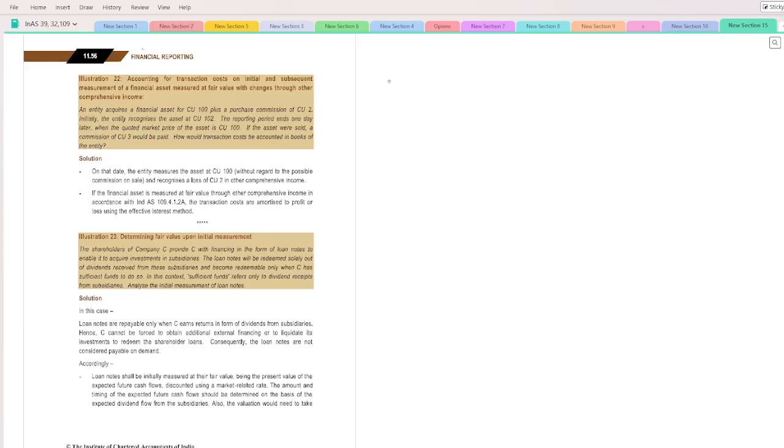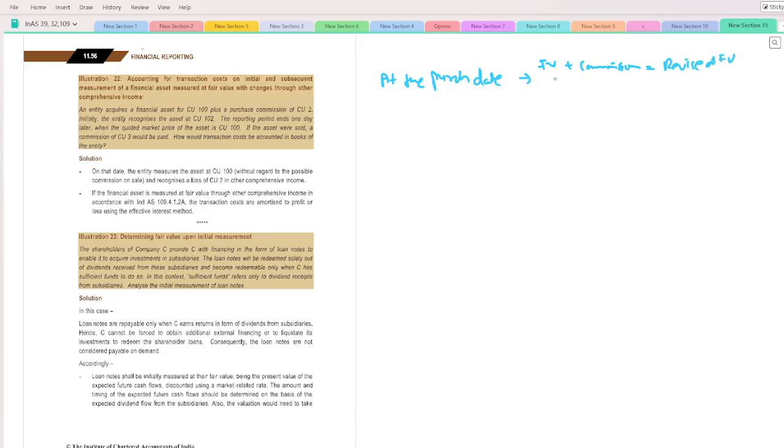First thing, at the purchase date, that is at the initial recognition, your fair value plus commission will be your revised fair value.